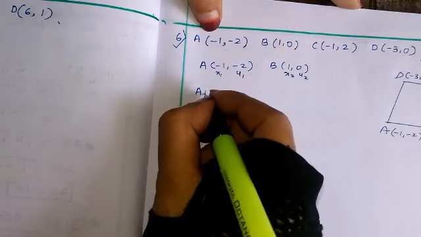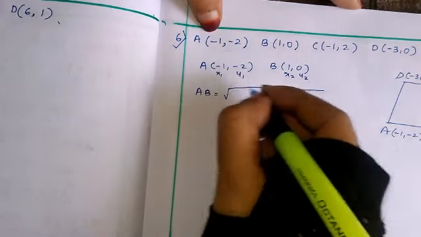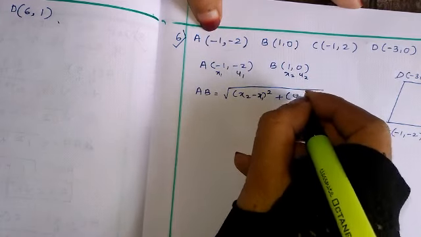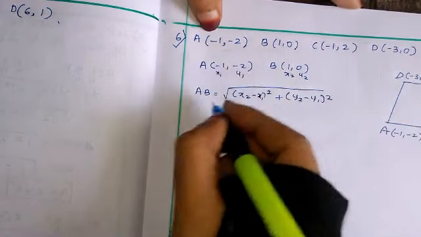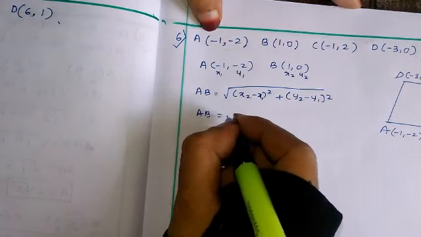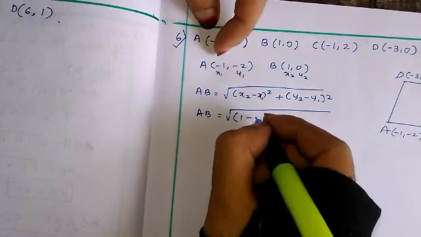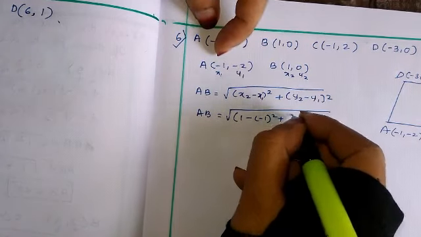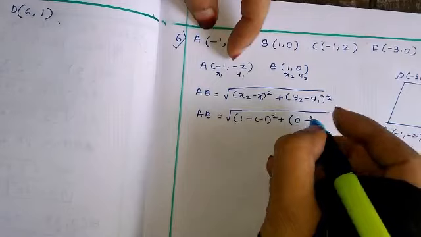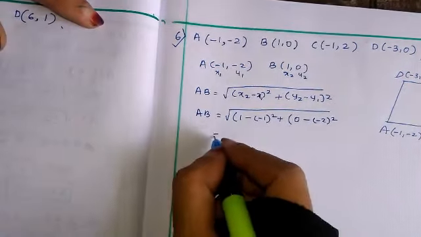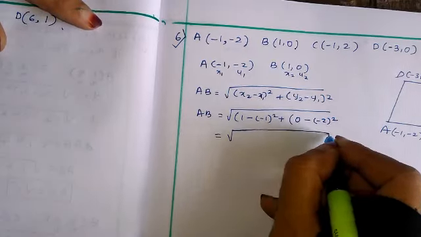Okay, AB is equal to, the formula is, we know that root of (x2 minus x1) whole square plus (y2 minus y1) whole square. So AB is equal to root of (1 minus (-1)) whole square plus (0 minus (-2)) whole square. Okay, so first double sign we have to make it single.